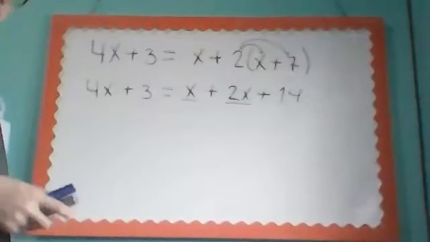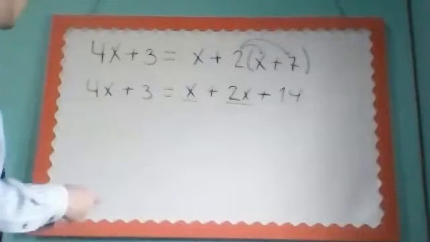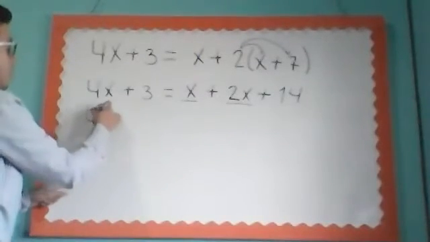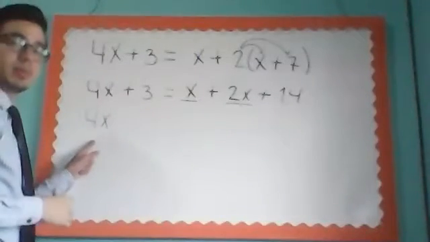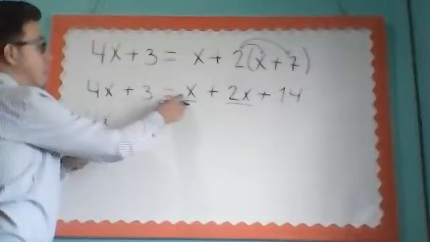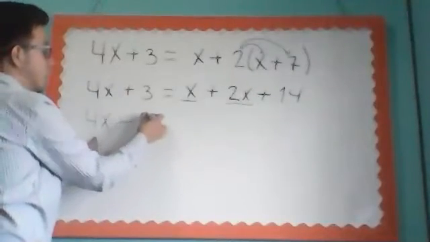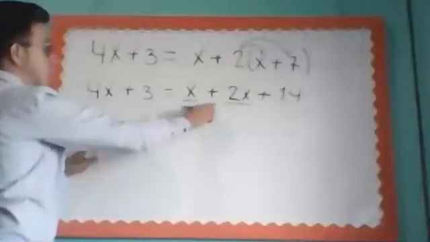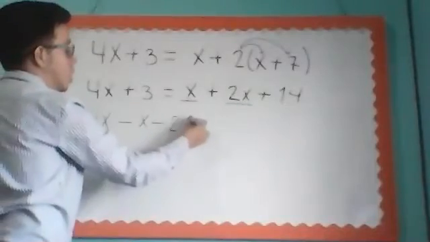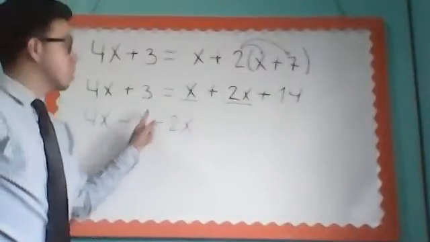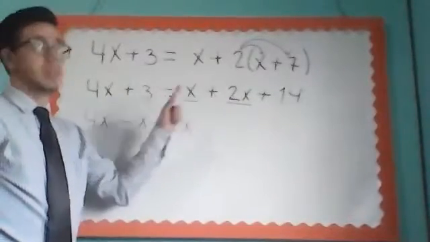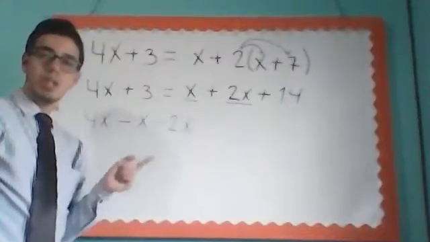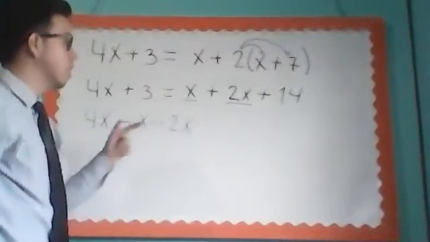So if I write this, I have 4x minus x minus 2x. I write the minus because you have positive here, positive and positive. So when I pass it to the other side, I change the sign, minus and minus.